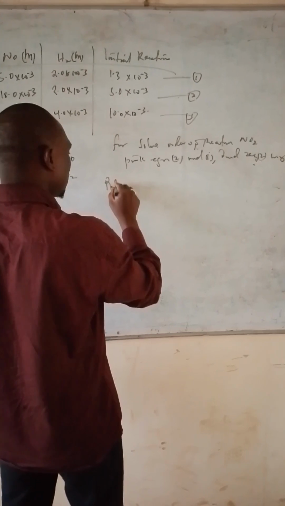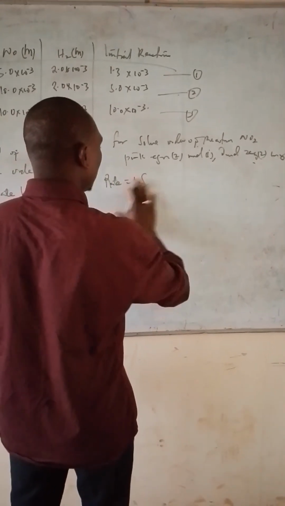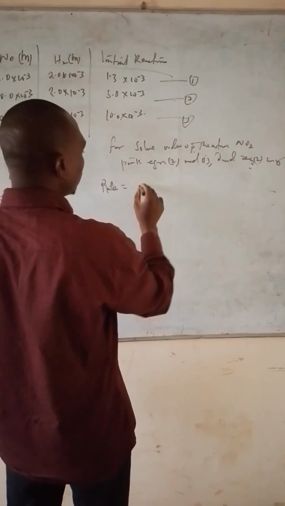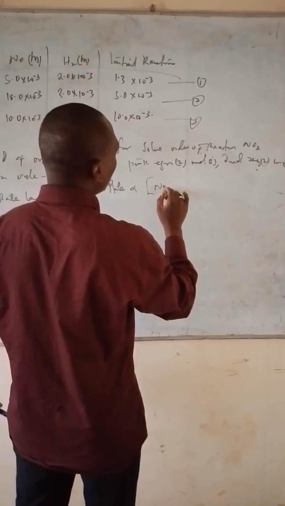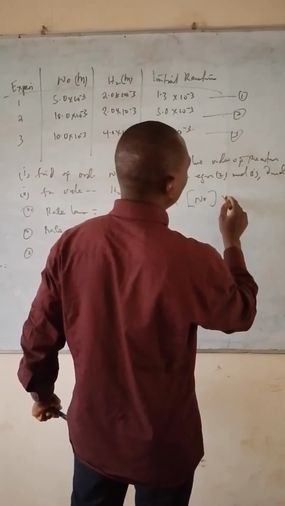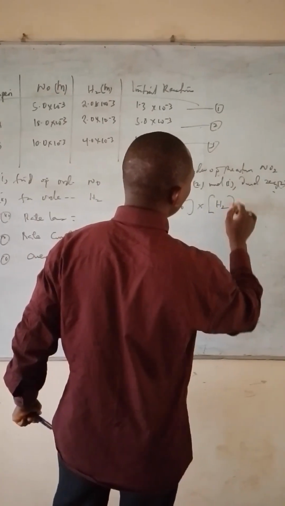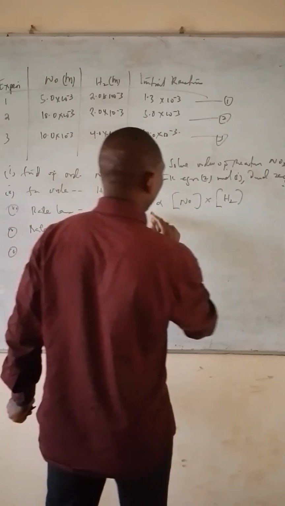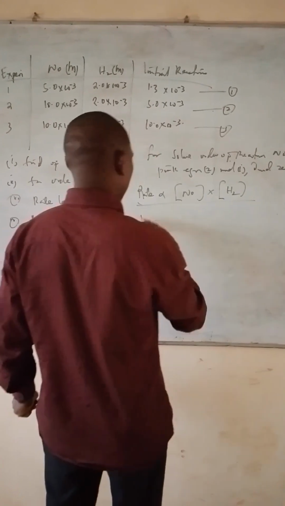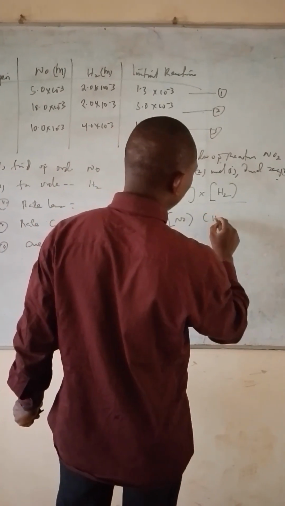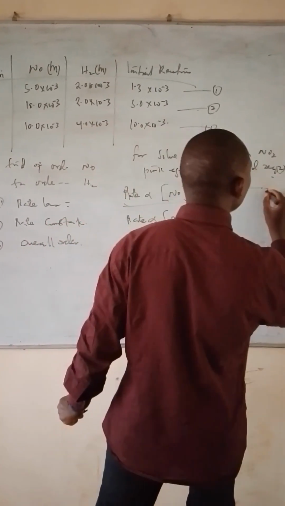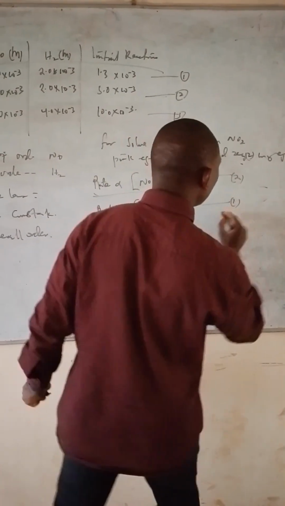To do that, you write the same thing: rate is proportional to NO times H2, divided by the same thing, rate is proportional to NO and H2. Now this is equation 2. You divide equation 2 by equation 1.